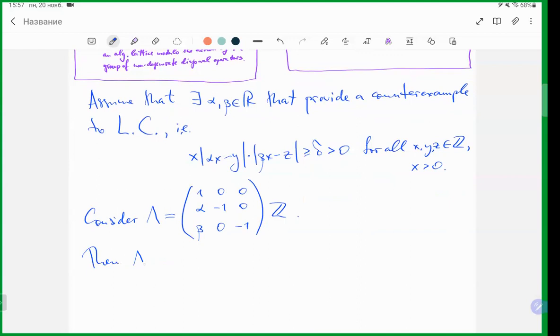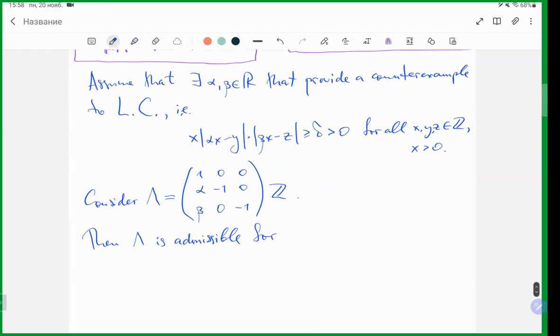Then lambda is admissible for the following set.